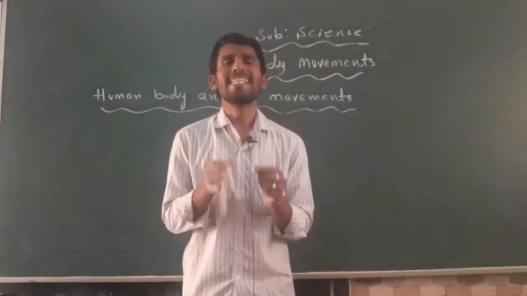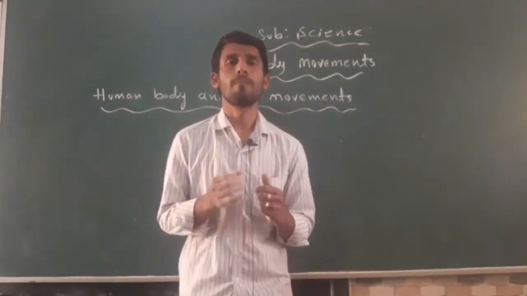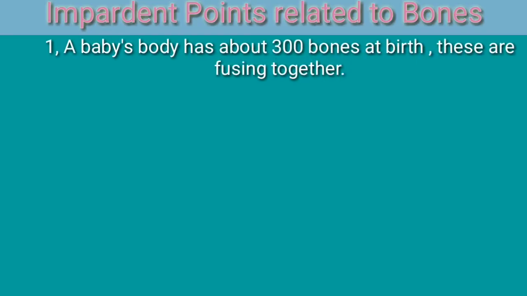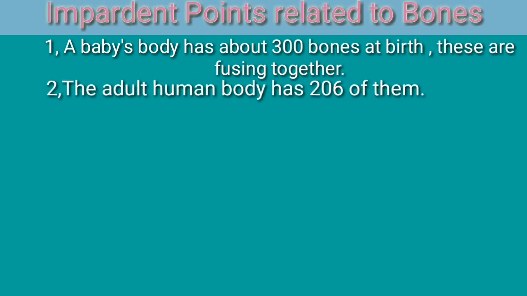Dear friend, let us see some important points about bones. First, a baby's body has about 300 bones at birth; these fuse together. Second, the adult human body has 206 of them.